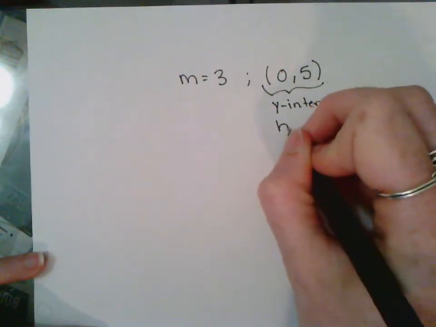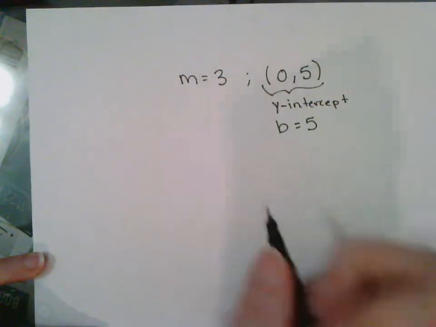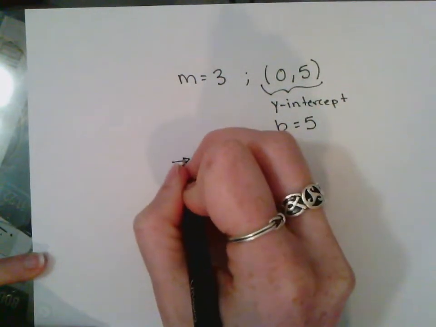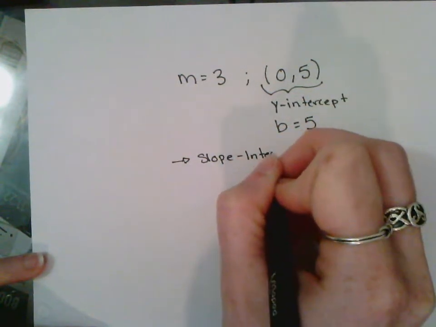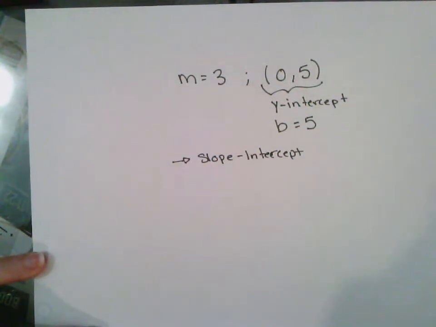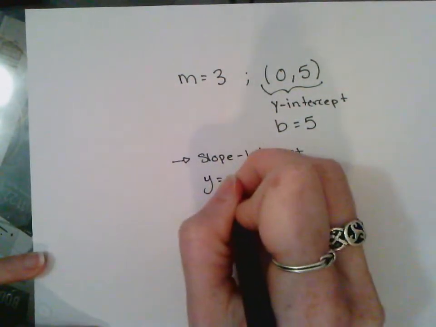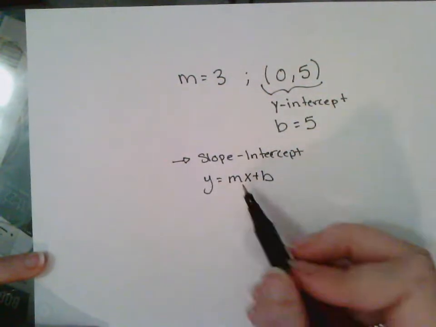So this is telling me that my b value is 5. So whenever I see a slope and an intercept, I need to think slope-intercept form. So y equals mx plus b here. Well, I already know my m value.